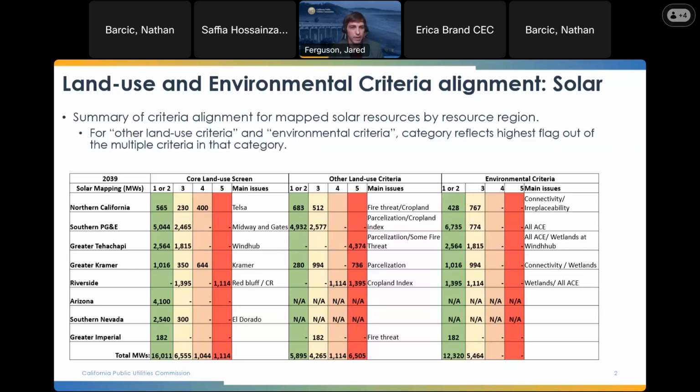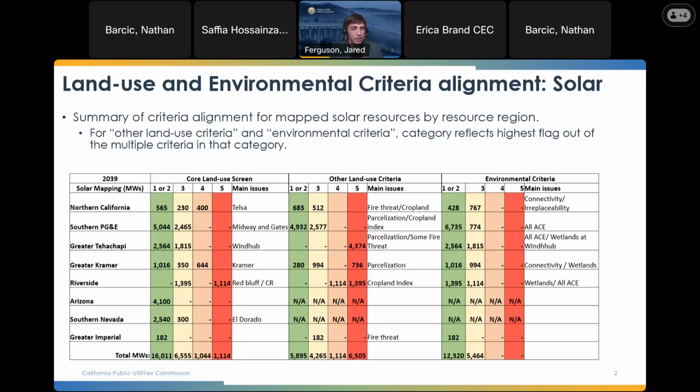So just a quick example here in Northern California, you see for solar in the 2039 mapping results, we have about 560 megawatts of solar mapped to substations that have good alignment, that 1 or 2, under the core land use screen.